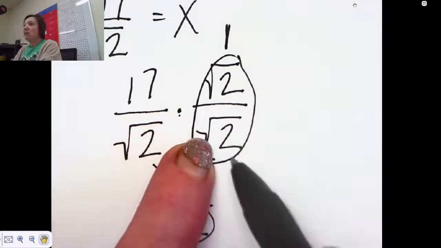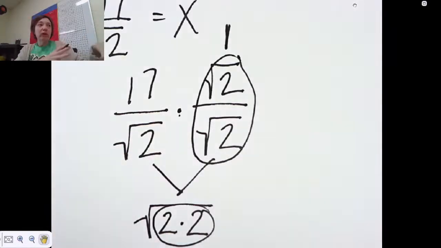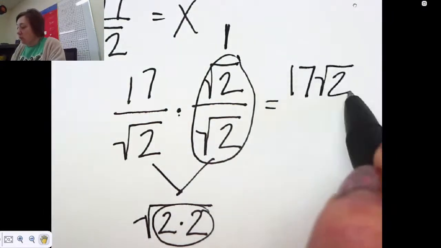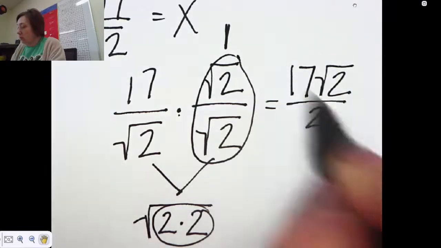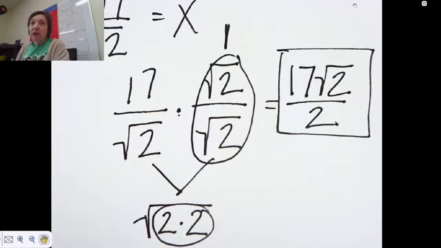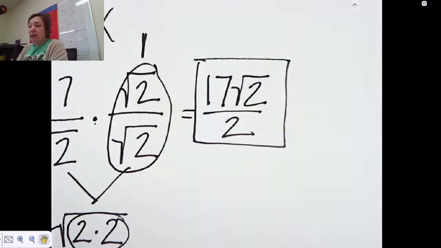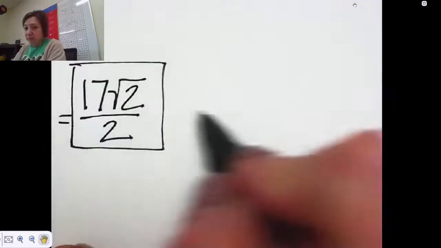We're just doing it in such a way that it transforms what it looks like. Does that make sense? It's like giving the number a facelift, right? It's still the same number. We're just making it look different. Now, what we wind up with is 17 square roots of 2 over 2. And that would be our rationalized exact answer. Now, if we plug it in the calculator.